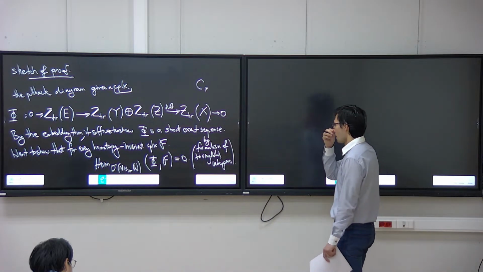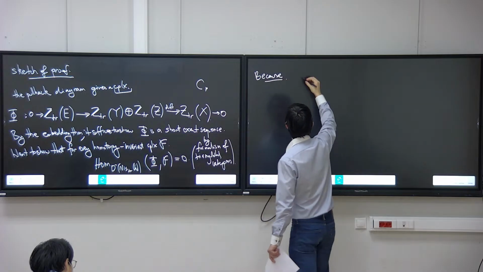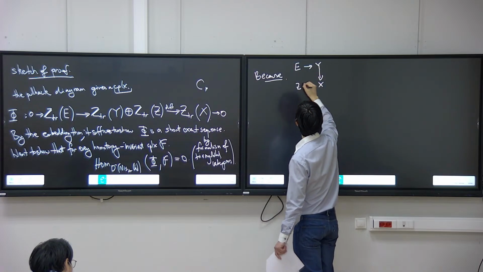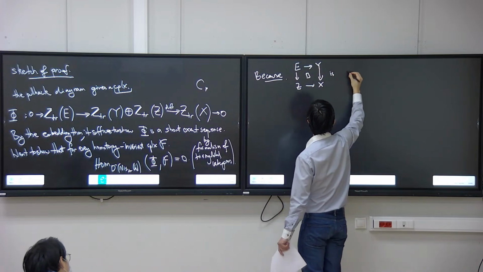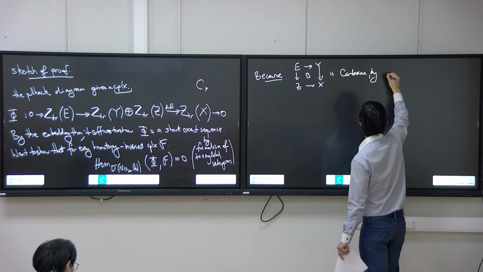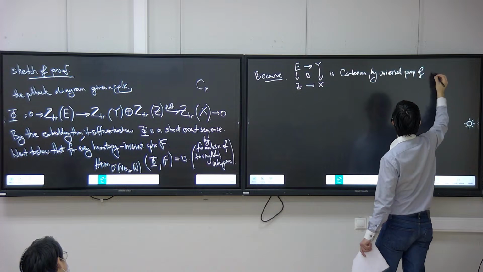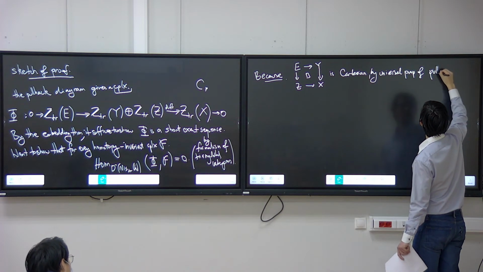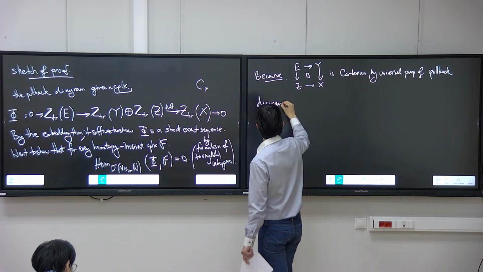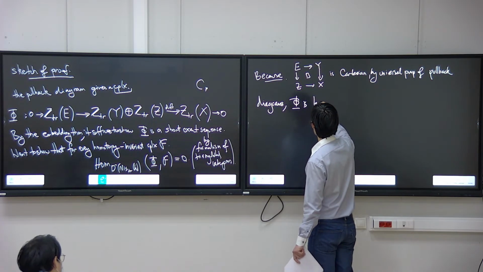So first of all, because E to Y to X to Z is Cartesian, by universal property of pullback diagrams, this sequence phi is left exact already.